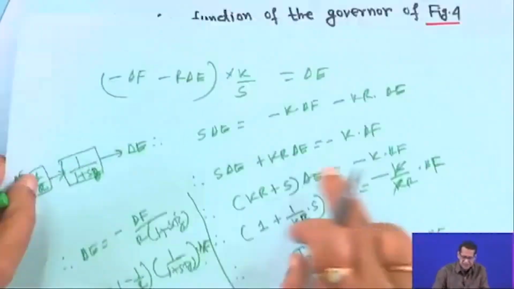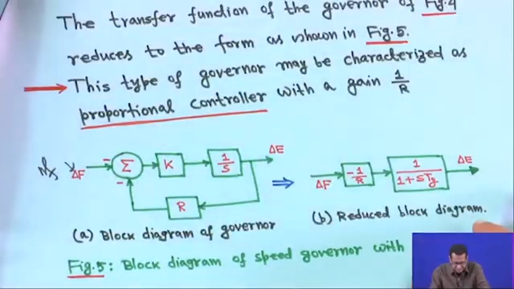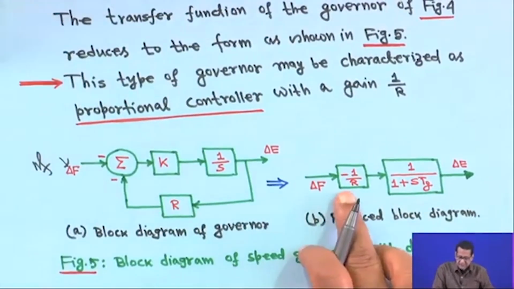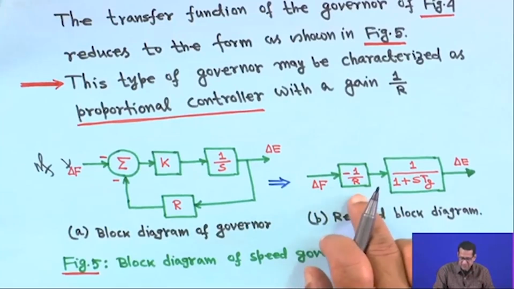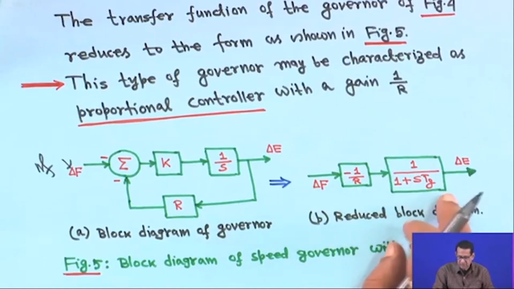All this simple derivation I showed you here, how we are getting it. That means this delta E is equal to minus delta F upon R into 1 plus S T G.